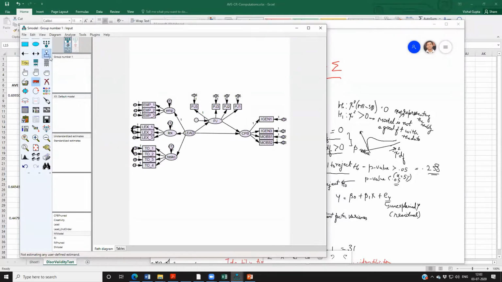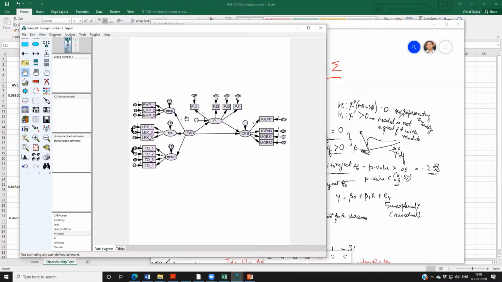Similarly, we have an error associated with CPP because now this is going to be determined by our model. Both PJ and CPP have become endogenous variables, variables that are going to be determined. In this model, there is only one exogenous variable, that is independent variable, that is not determined in our model, and that is leadership. PJ, CPP, and all the observed items are all endogenous variables that are actually getting determined by our model.